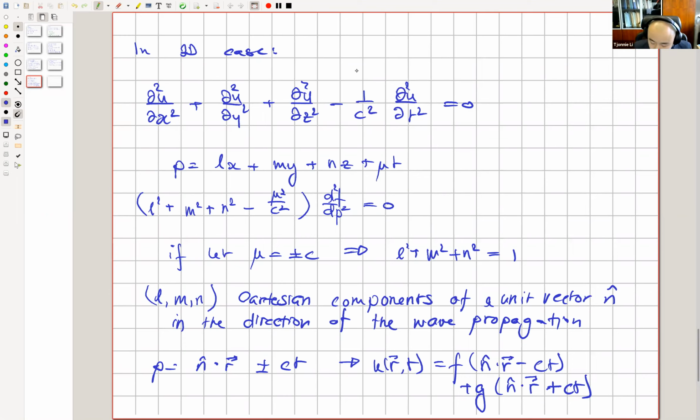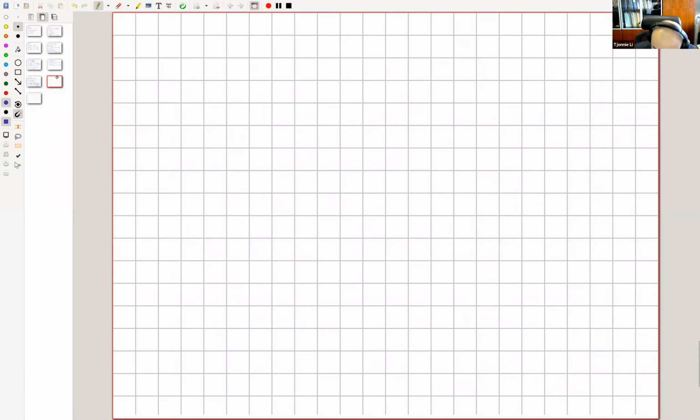And so one way to achieve that, when we refer back to the one-dimensional equation here, the one-dimensional wave solution. Again, in one dimension, the equation is just partial squared u partial x squared minus 1 over c squared partial squared u partial t squared.